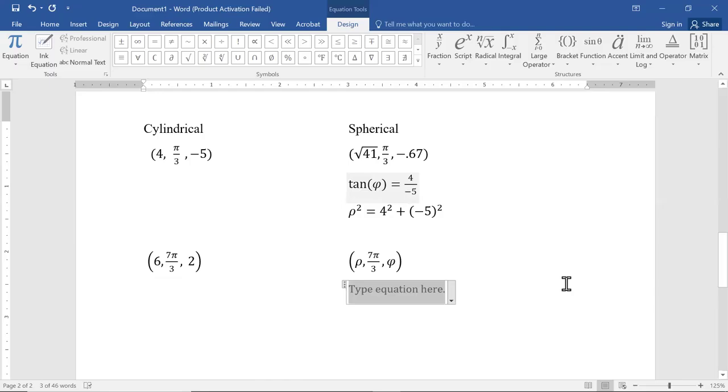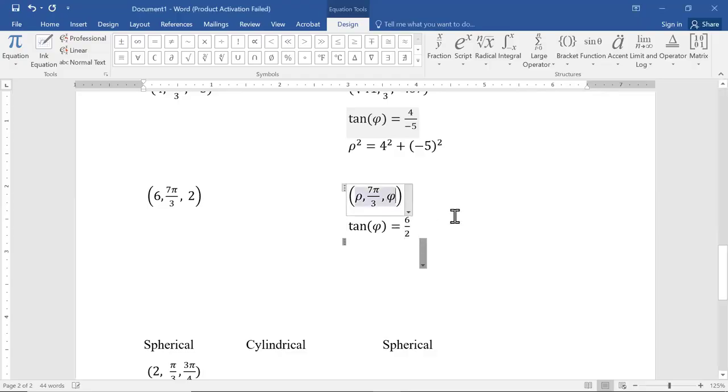All right, once again, tangent of phi. Tangent of phi is going to be equal to, in this case, r over z, which is 6 over 2. Which gives you a phi of about 1.25.